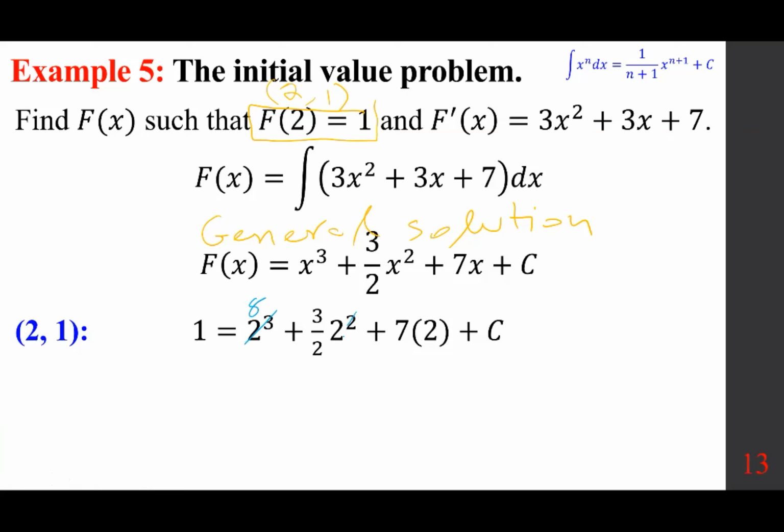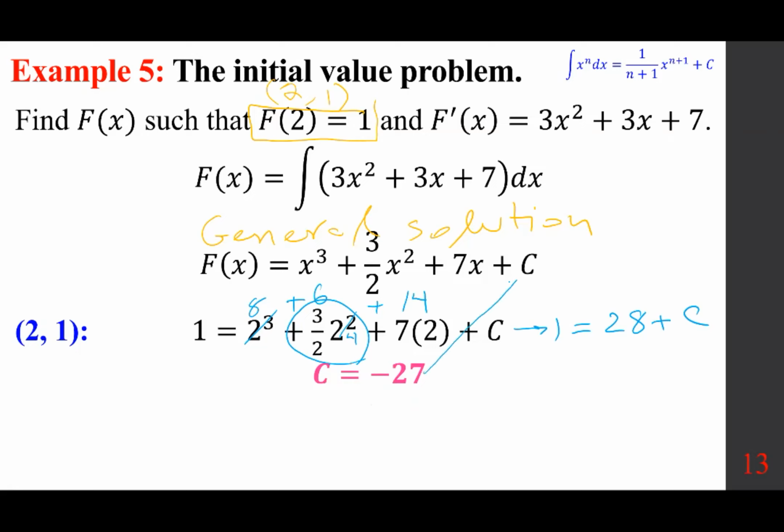Eight. 4 divided by 2, 2 times 3 is 6, plus 14 becomes 28. So 28 and c, they add up to 1. C must be negative 27.